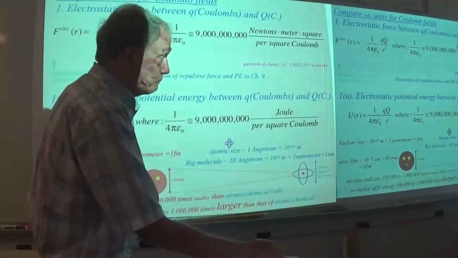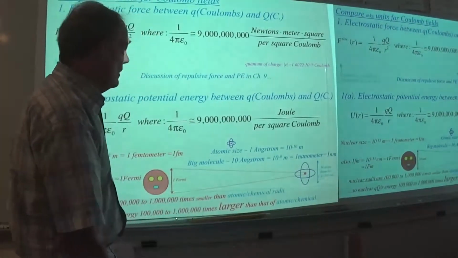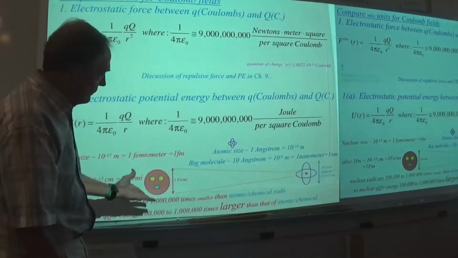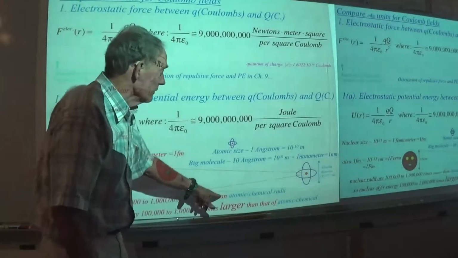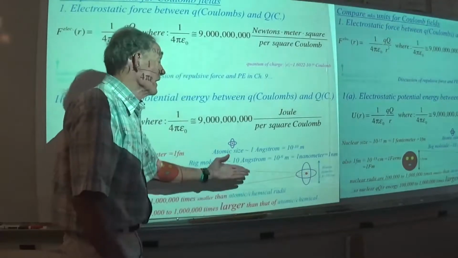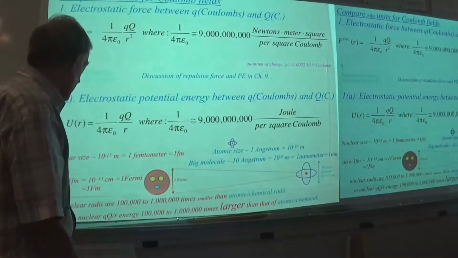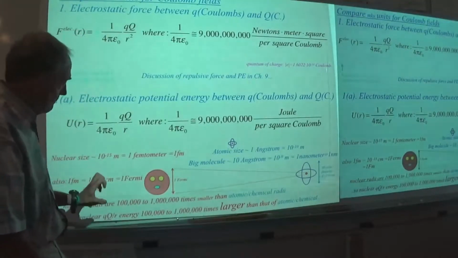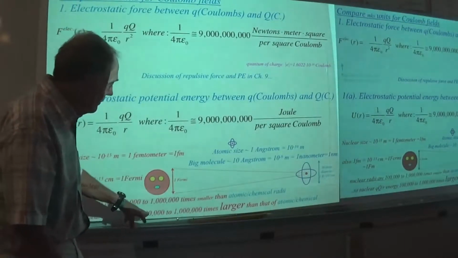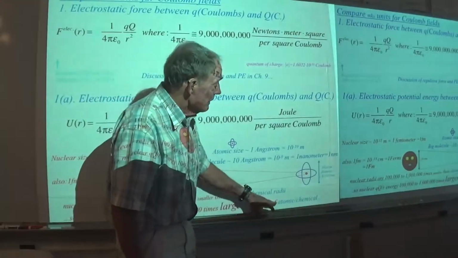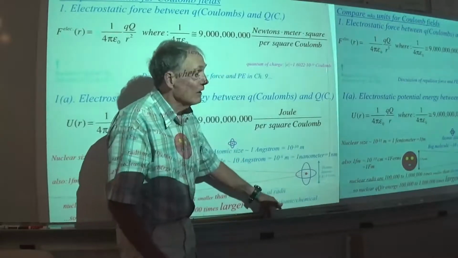But the basic idea is that if the nuclear radii are 100,000 to maybe 1,000,000 times smaller than the atomic, that's chemical radii, the molecular radii, then the nuclear energy that's packed there is 100,000 to 1,000,000 times larger than what you get if you're doing, say, a chemical explosion.